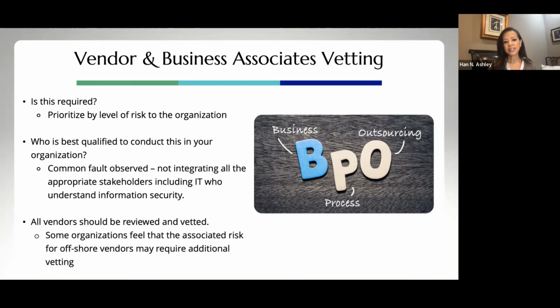And for some of our covered entities, when they are reviewing and vetting business associates or vendors that are offshore, they'll often take extra measures to make sure that they're secure and comfortable with what is happening in this environment where their vendor is doing business on their behalf.